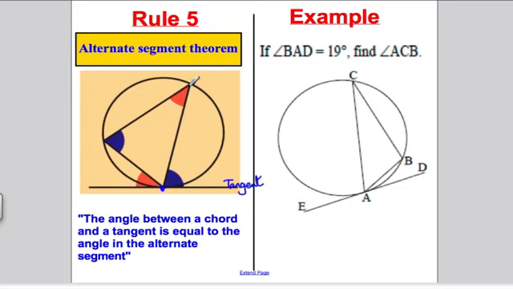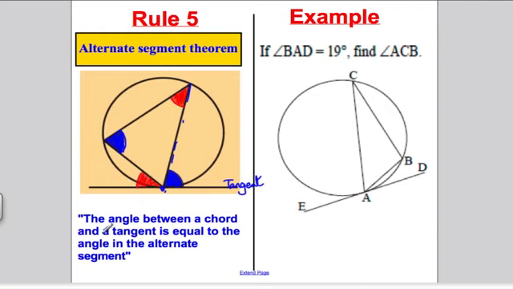When a tangent meets a chord, and this is a chord, remember a chord is a line that cuts a circle not going through the center, then the angle the tangent makes with the chord is equal to the opposite angle in the resulting shape, is equal to this angle here. And similarly, it works from the other side of it. The tangent meeting the chord this side, so this angle must equal the opposite angle in the resulting shape over there.